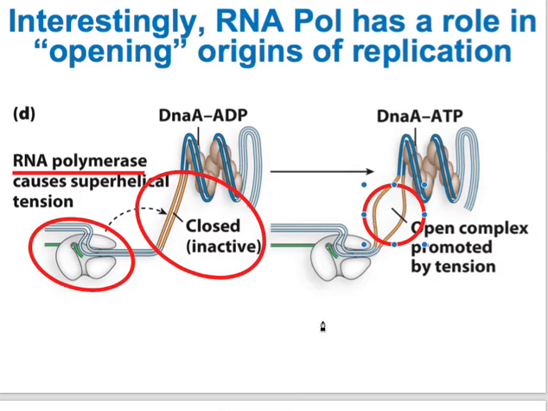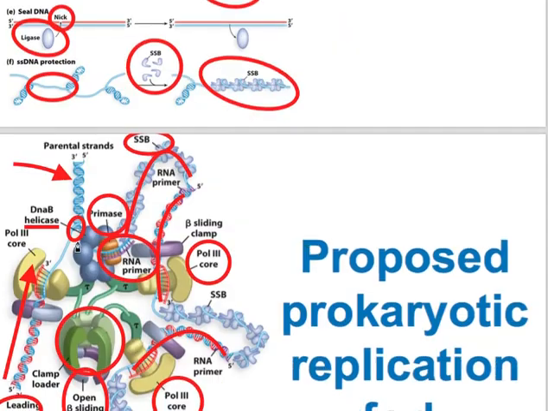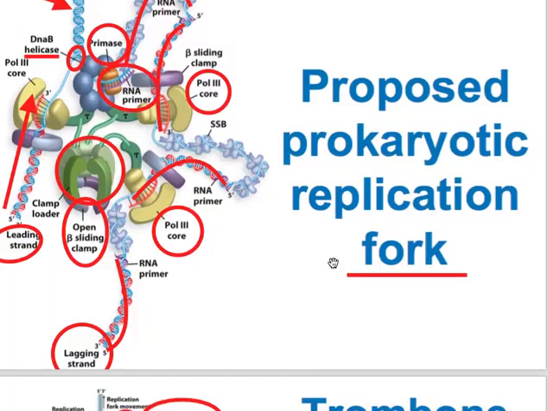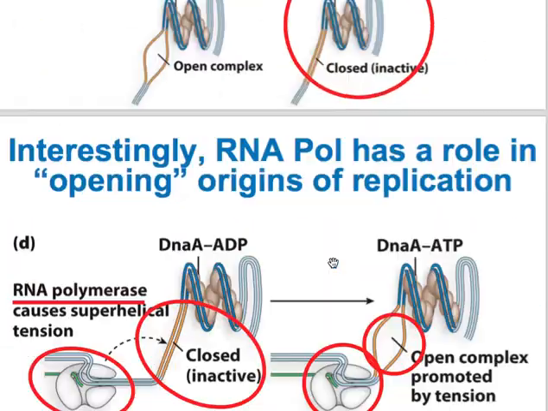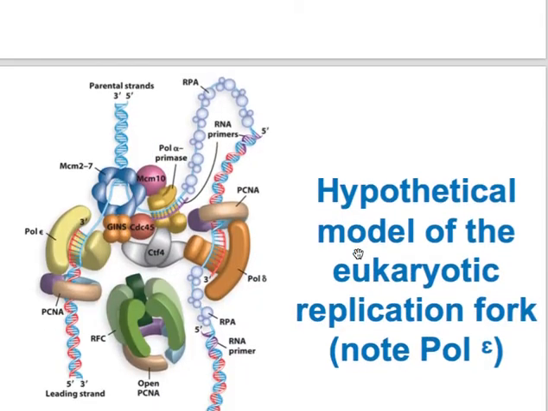But a lot of scientists have figured out this actually shows up at a lot of origins and doesn't make any RNA. It's basically there just to split and cause this big bubble to form so that you can start putting in all this machinery here. So I thought that was super interesting too. I just wanted to point that out, that sometimes different proteins are going to have a very unique role outside of their main role.